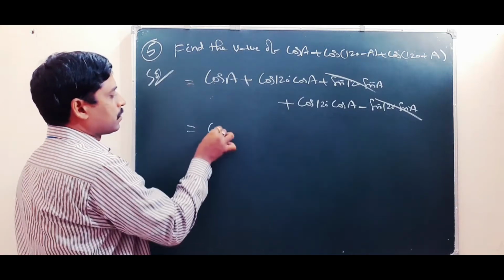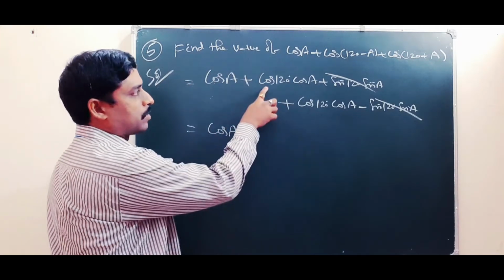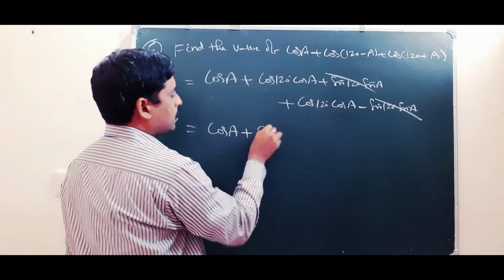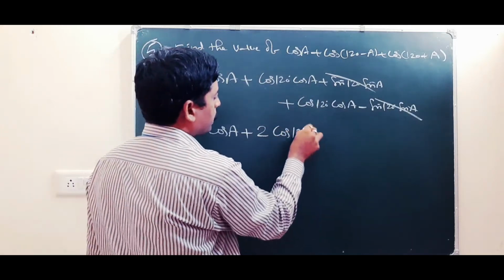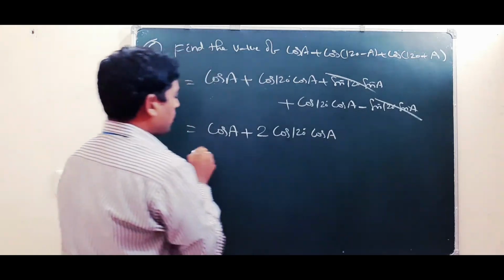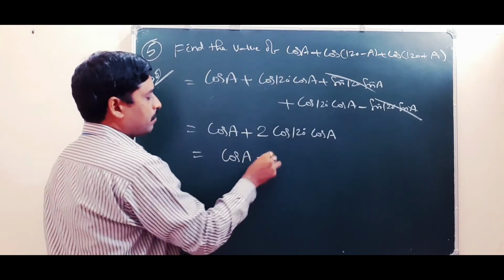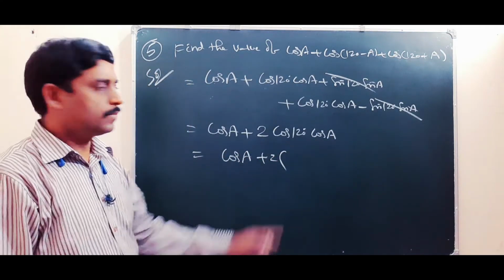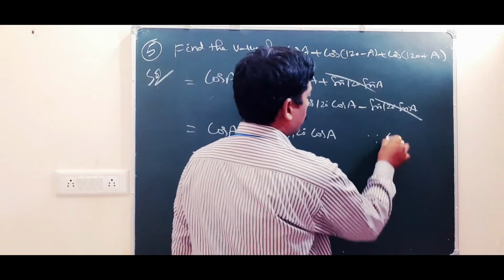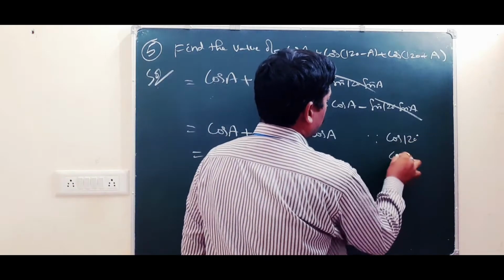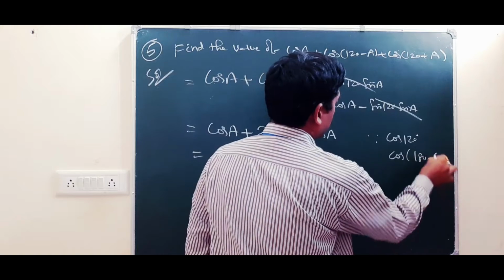So this will be cos A, cos 120 cos A plus cos 120 cos A, this is 2 cos 120 cos A. Okay, cos A plus 2 times of cos 120 value. Cos 120 is equal to cos (180 minus 60).